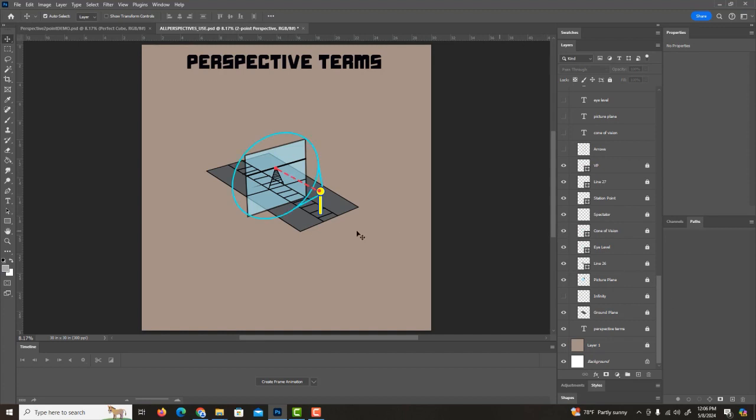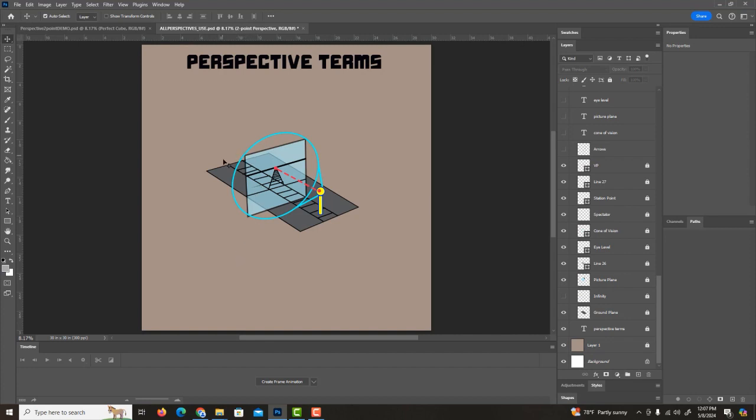Now, when you're creating your picture plane, it should be placed within your cone of vision. This circle represents the range of vision of the human eye that is in focus. You can see outside of your cone of vision, but it's distorted. The human eye sees between a 50 and 60 millimeter lens, so when we draw it, we use 60 degrees to create the cone of vision.